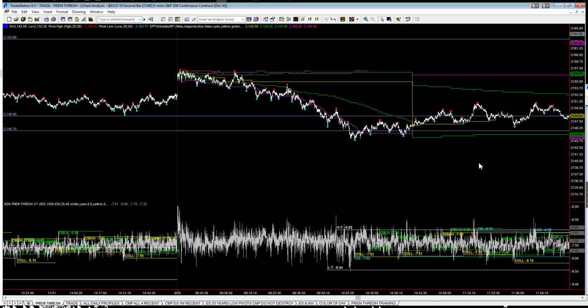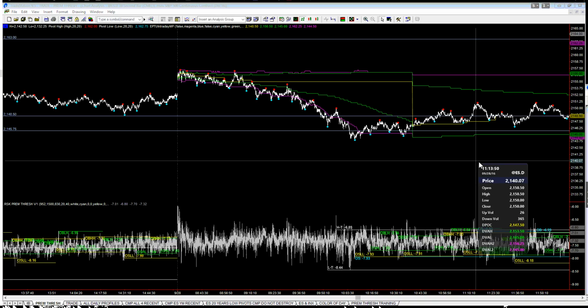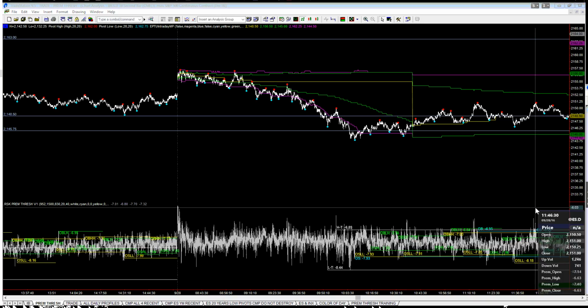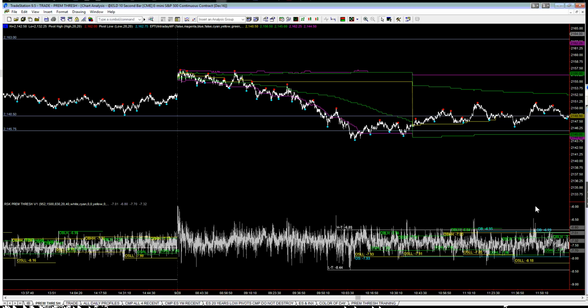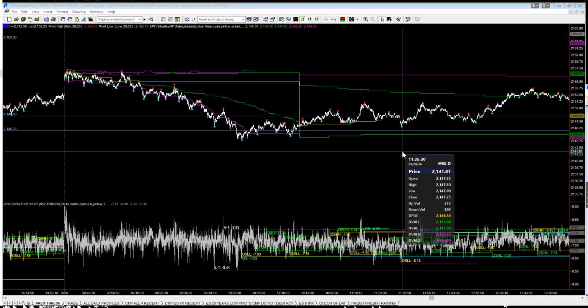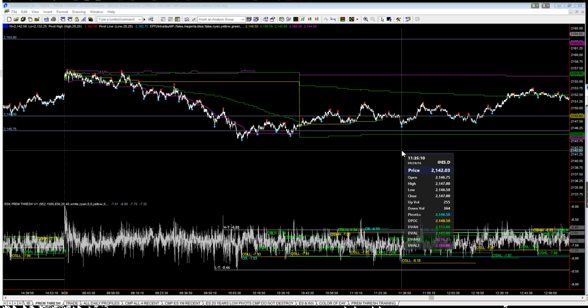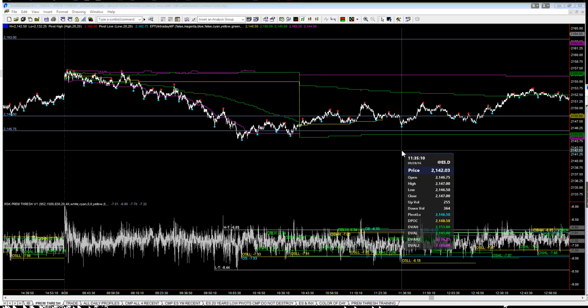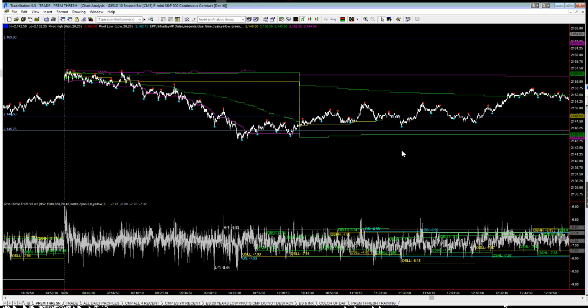And what happens? No problem. You get right up there and you become overbought, and down she comes again. See the OB situation? You get higher still, you get overbought. Down she comes. Now, this low here, it's an oversold situation, and it's a fairly good-sized bar down.